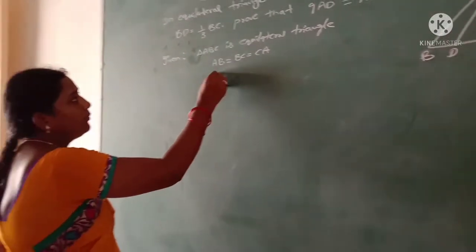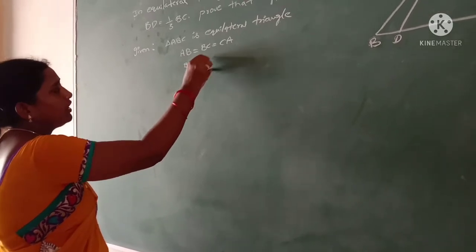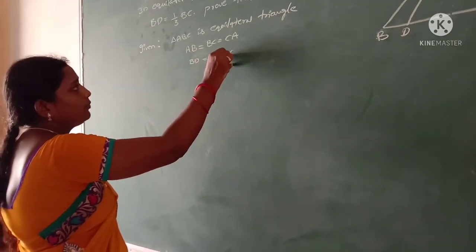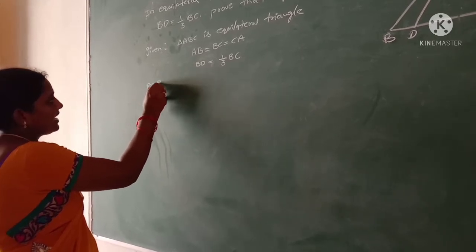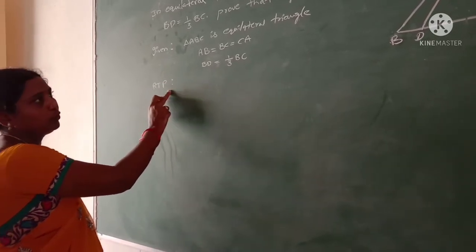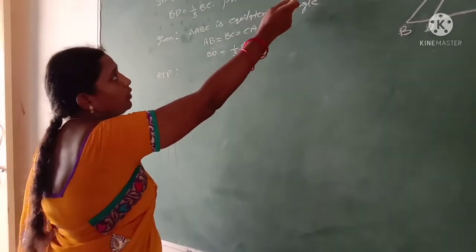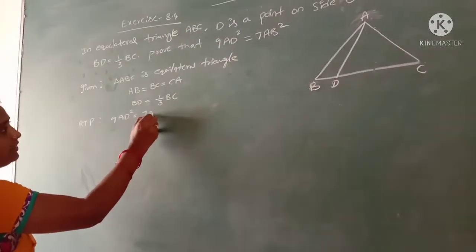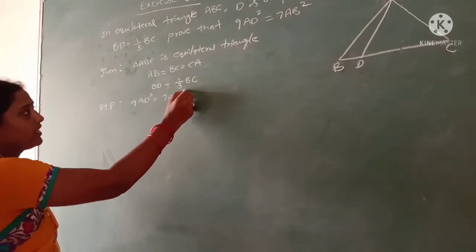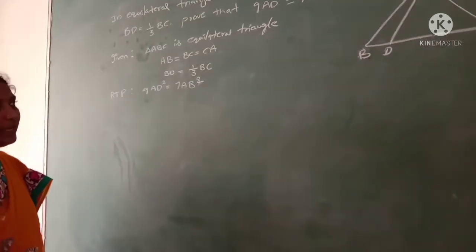Next, BD equals 1 by third of BC. Next, RTP. RTP means we require to prove. What do we prove? 9AD square equals 7AB square.